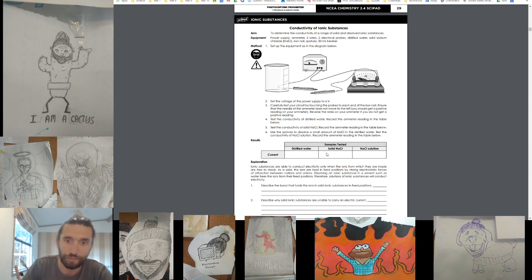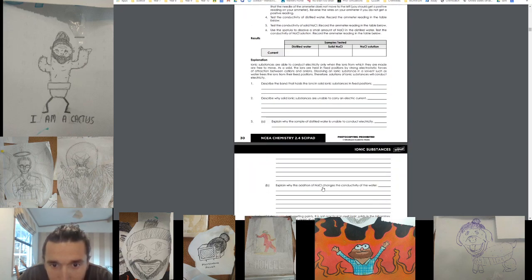No current. Solid sodium chloride does have charged particles in it, but they're not free to move. So once again, it's going to have a current of 0 amps, while sodium chloride solution, the charged particles are dissolved and free to move. So it is going to have a current of more than 1 amp. So that's all you need to write there. Then answer the questions below.